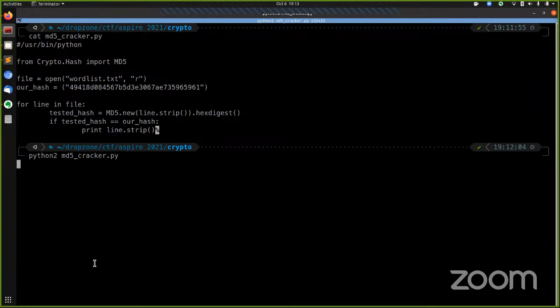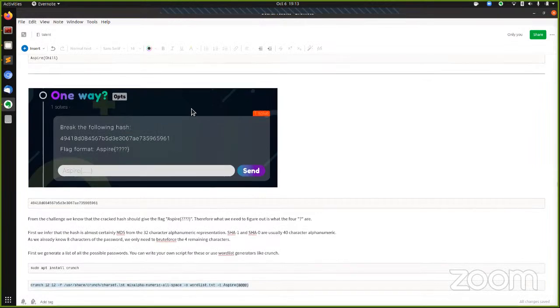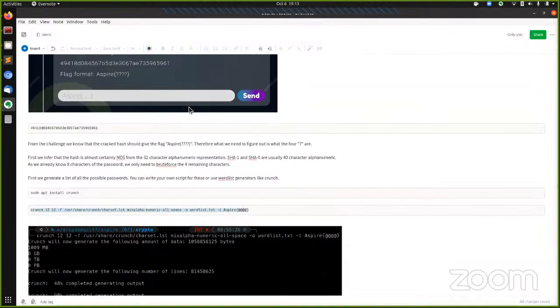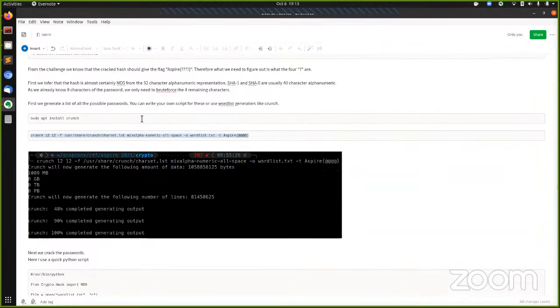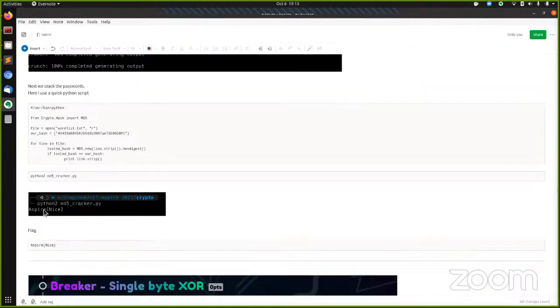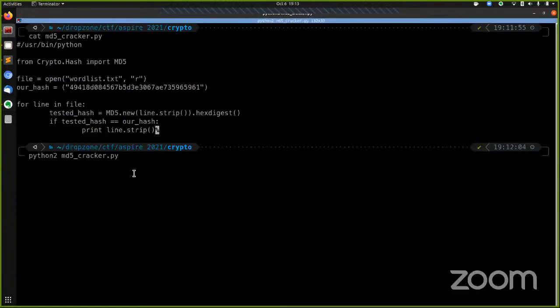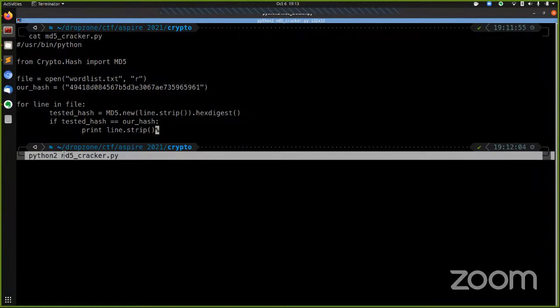When it runs, let's go back to our challenges. Eventually it should give us this flag called Aspire, and in between the curly brackets was the word nice. So this was the flag. Hopefully this won't take too long. I don't think I have timed it yet. So, let's see.